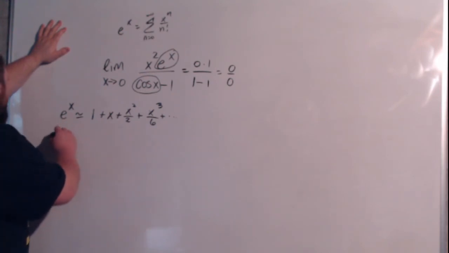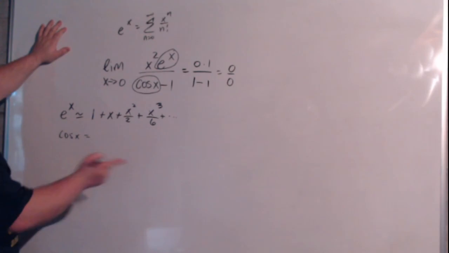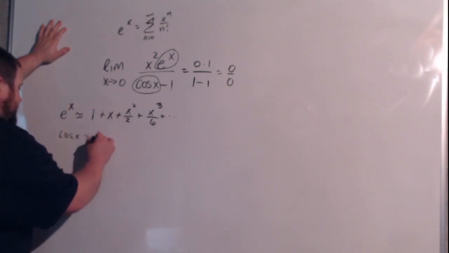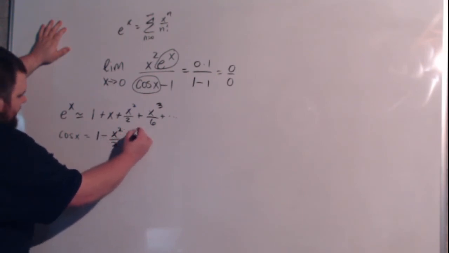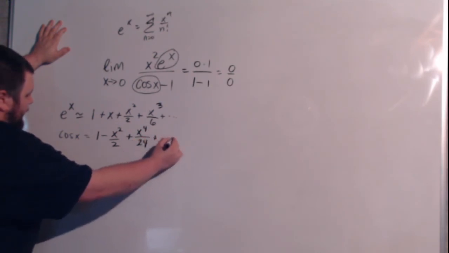And then cosine x, we just did 2 problems ago. That's 1 minus x squared over 2 plus x to the 4th over 24, and so on.